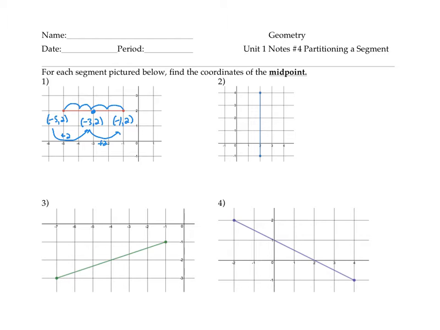In number 2, we have a vertical line segment, and it's a total of 1, 2, 3, 4, 5 units long. So in this case, we have to cut that distance in half. We want to go 2.5 units to find that midpoint. Right.